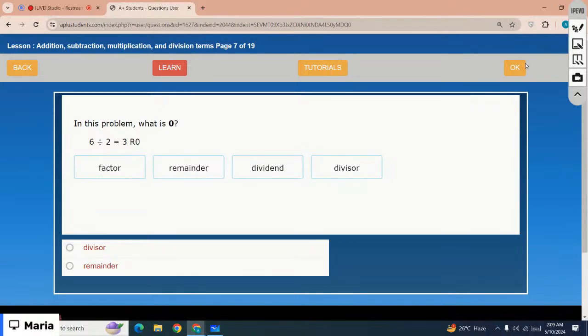In this problem, what is 0? Which is the correct option? 0 is the remainder. The correct option is remainder.